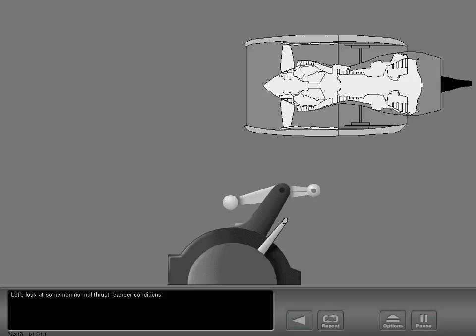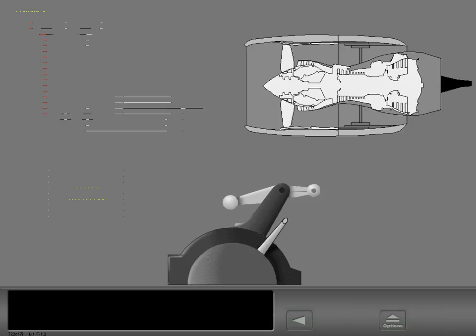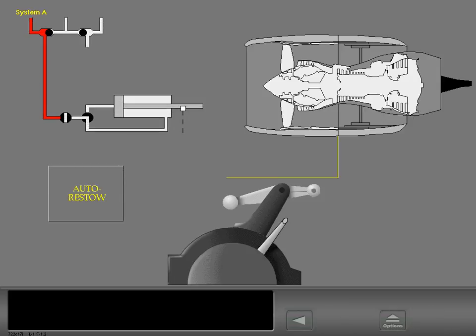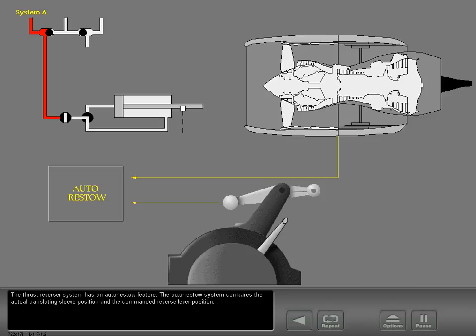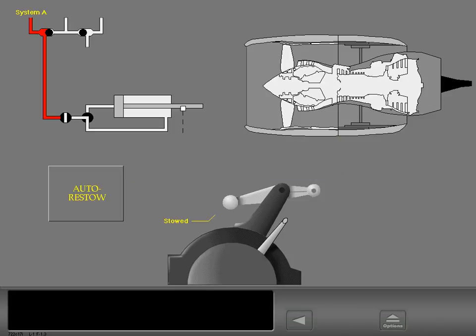Let's look at some non-normal thrust reverser conditions. The thrust reverser system has an auto restow feature. The auto restow system compares the actual translating sleeve position and the commanded reverse lever position.